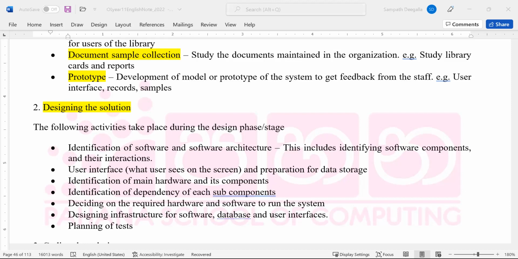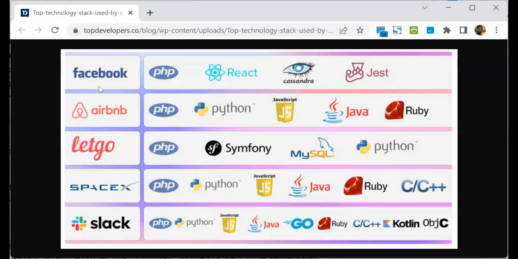Now, for example, if you take different types of software used, right? Let me share, for example, Facebook.